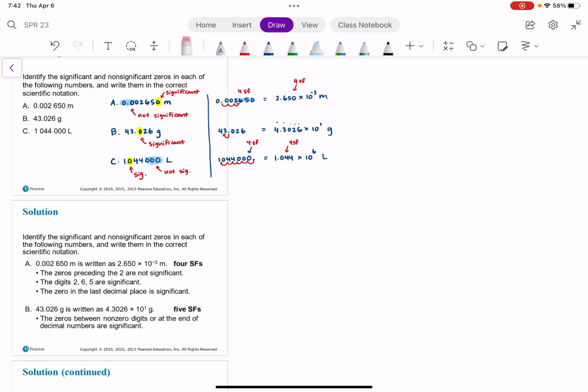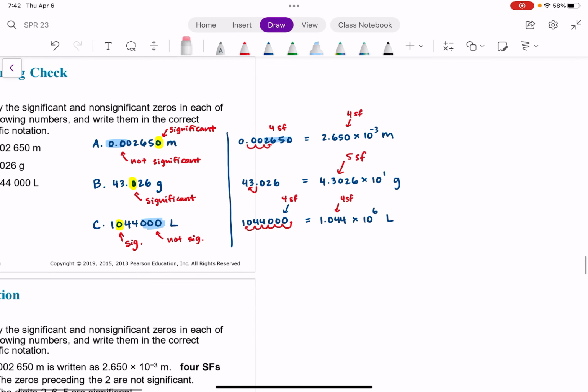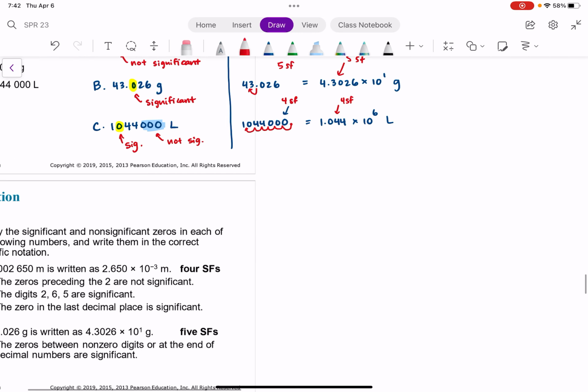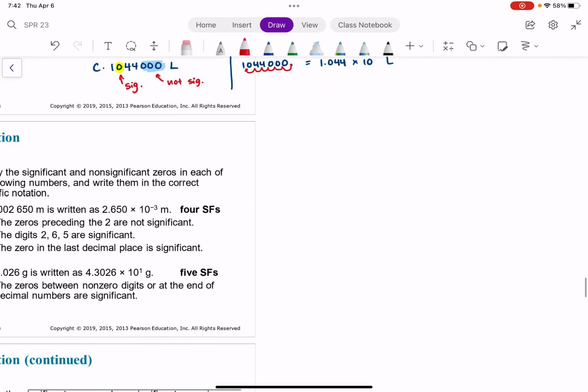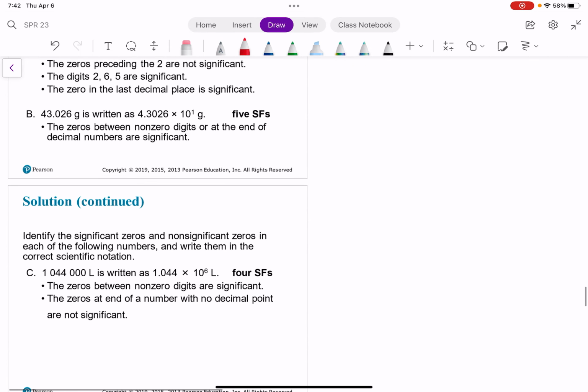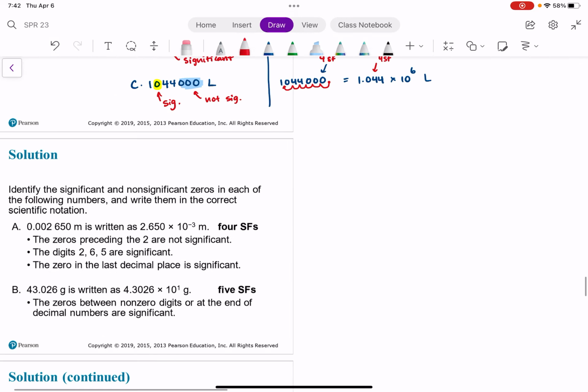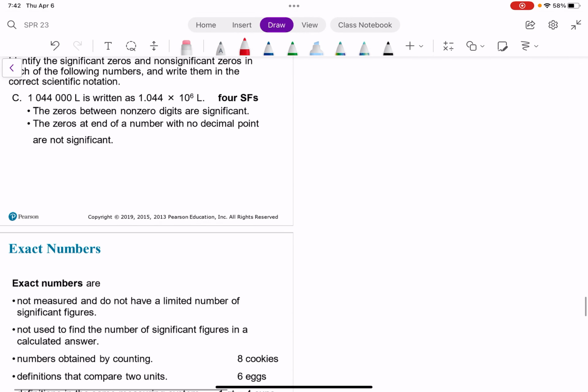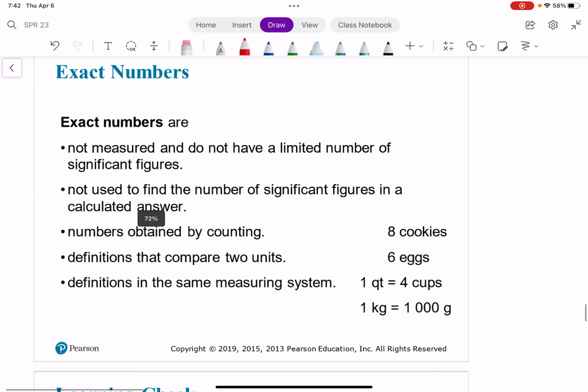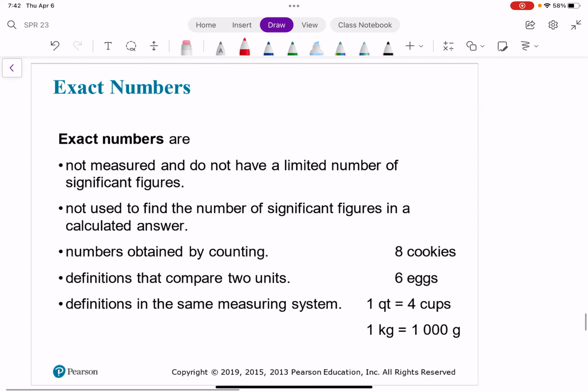Oh, I was counting and I thought I was crazy. There are 5 digits. Okay, so 5 sig figs. Sorry, I don't know why I'm zoomed out so far. And then 5 sig figs here. All right, so that's correct. And then the last one is also correct. Yeah, so great. Still got it. Okay. All right, keep moving on.